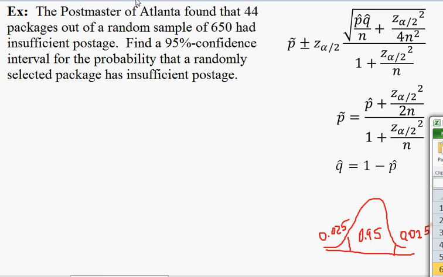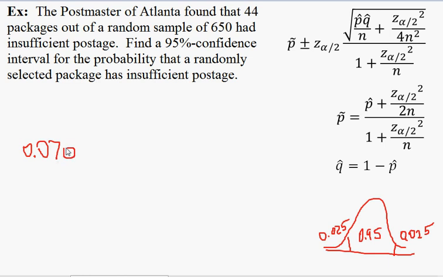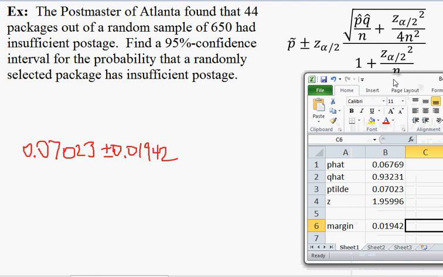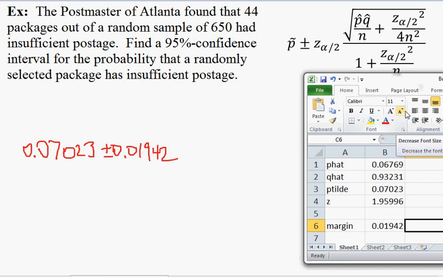So I'll write that down. 0.07023 plus or minus 0.01942. And in this case, that will be the 95% confidence interval for the proportion of all packages that have insufficient postage.